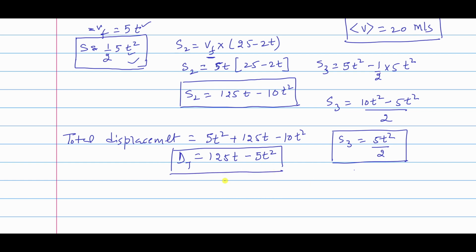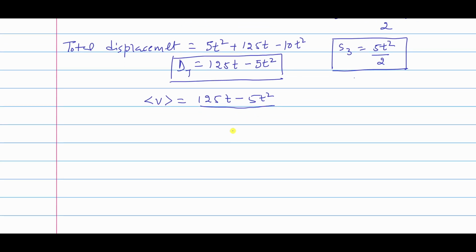Okay, so now we can apply our formula. The average velocity is equal to total distance, 125t minus 5t square, upon total time, which is 25 seconds, and we know the average velocity is 20. So from this we can calculate 125t minus 5t square is equal to 20 multiplied by 25.